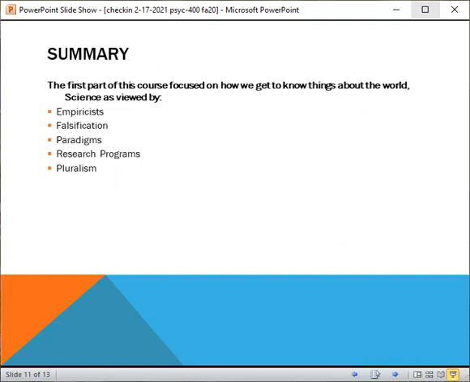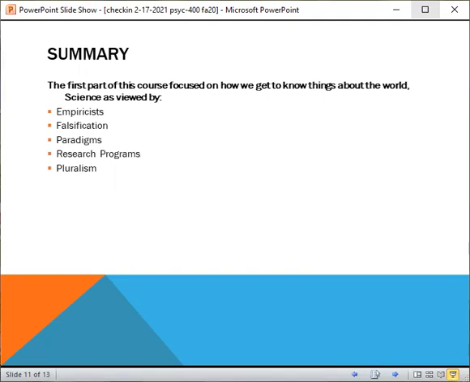So in the first part of this course, we looked at how we get to know things about the world as viewed by science, as viewed by the empiricist, who saw everything as based on our senses, and the senses are the only thing that we should be looking at by way of gaining knowledge about the world, but albeit in a very passive way. Then falsificationism, where the idea is that we're not trying to prove theories, but we're trying to falsify theories. And the idea is that once you falsify all the theories and you can't falsify the last one, then maybe that's the one that's the truth.